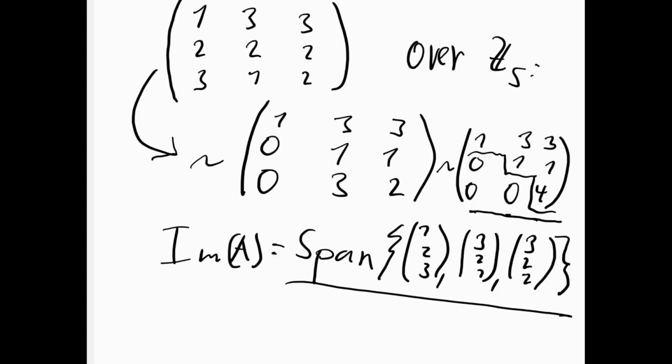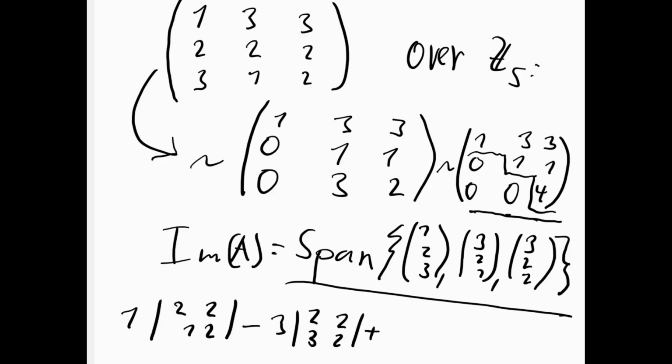What is its value? Well, we can take the matrix. We can, for example, expand it by the first row, and then we have this, the determinant for the 3 by 3 matrix.